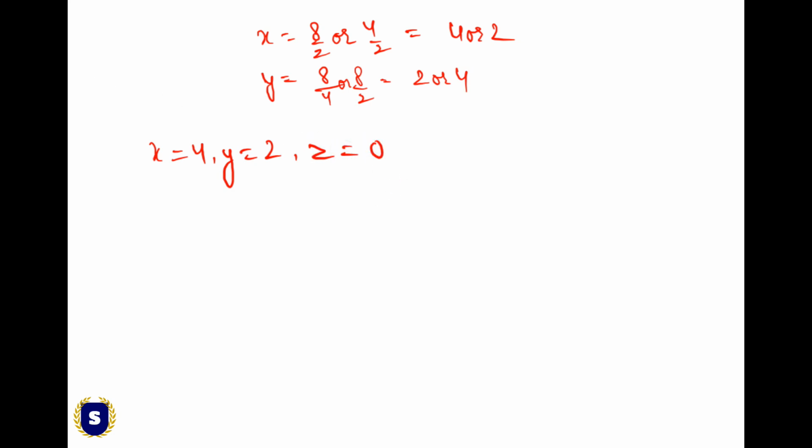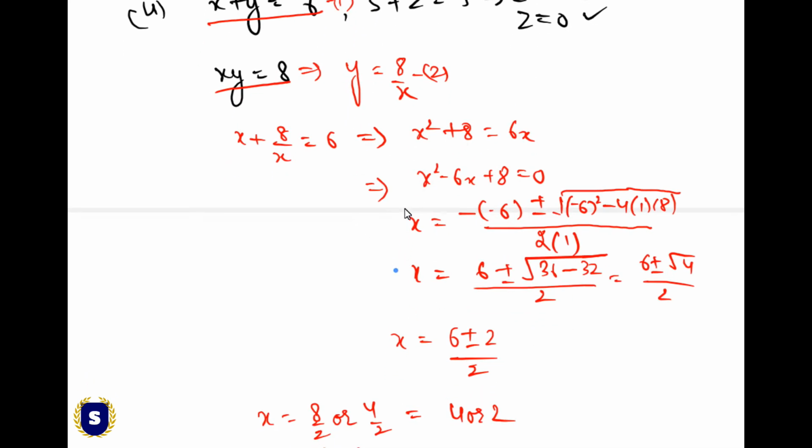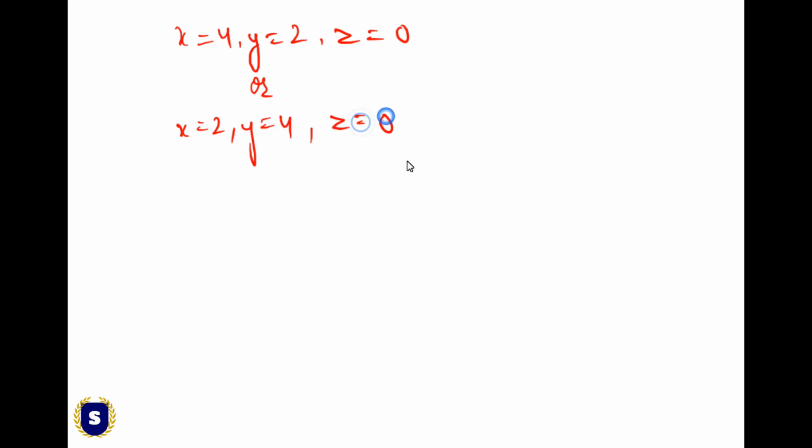Yes, z is equal to 0. Or if x is equal to 2, then y is equal to 4 and z is equal to 0. So any of the two answers you can write.